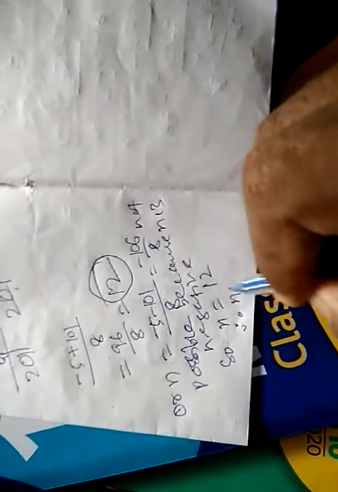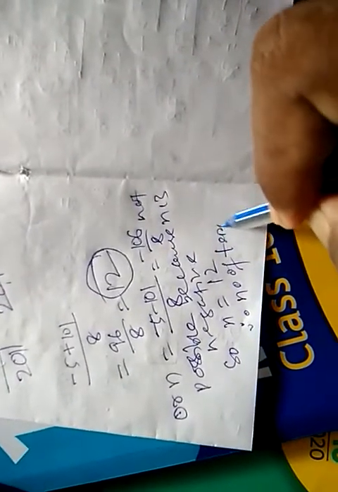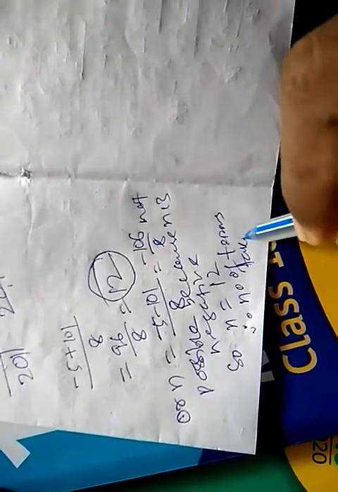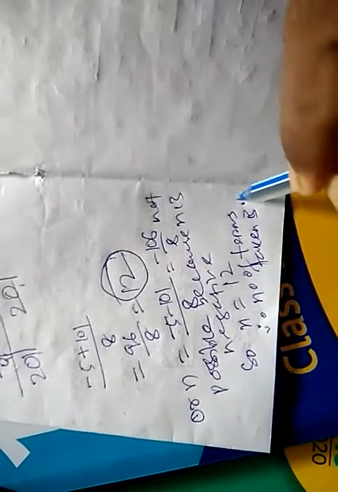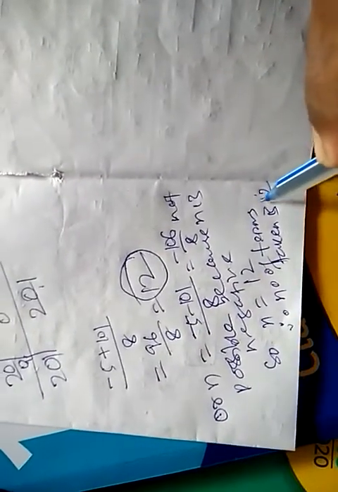Not possible because n is negative. So n equals only 12. So therefore the number of terms taken is 12. Clear? Thank you.